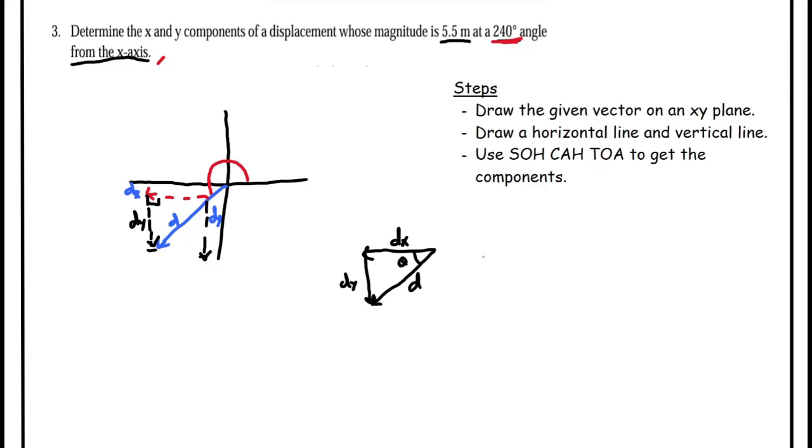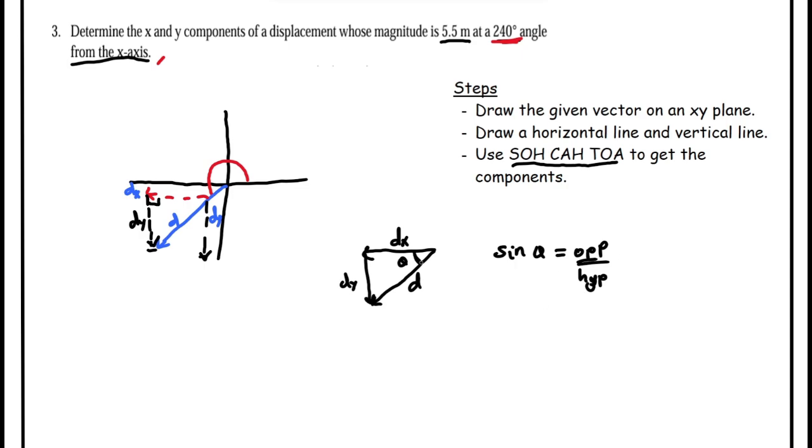To determine the xy components, we now have to use SOHCAHTOA. So the first part of SOHCAHTOA, SOH, is sine theta is equal to opposite over hypotenuse. Now what's the opposite side here?